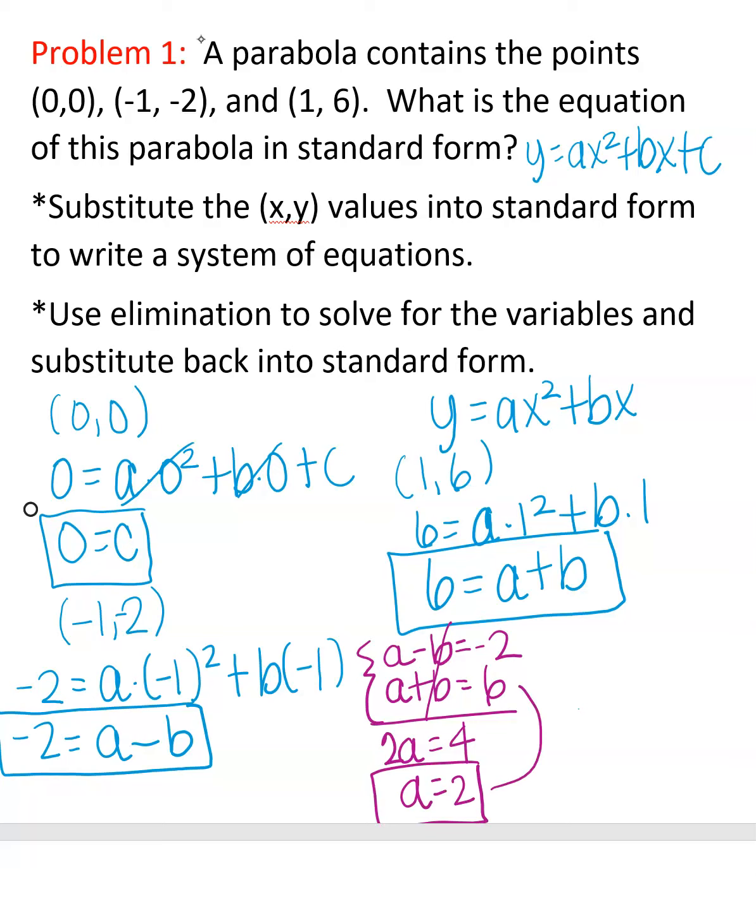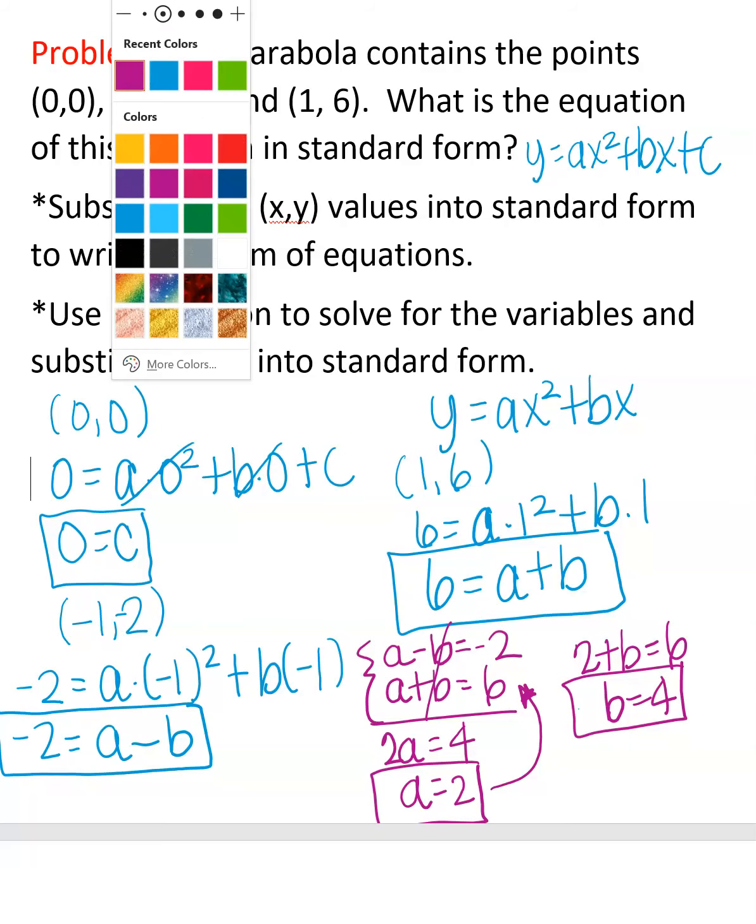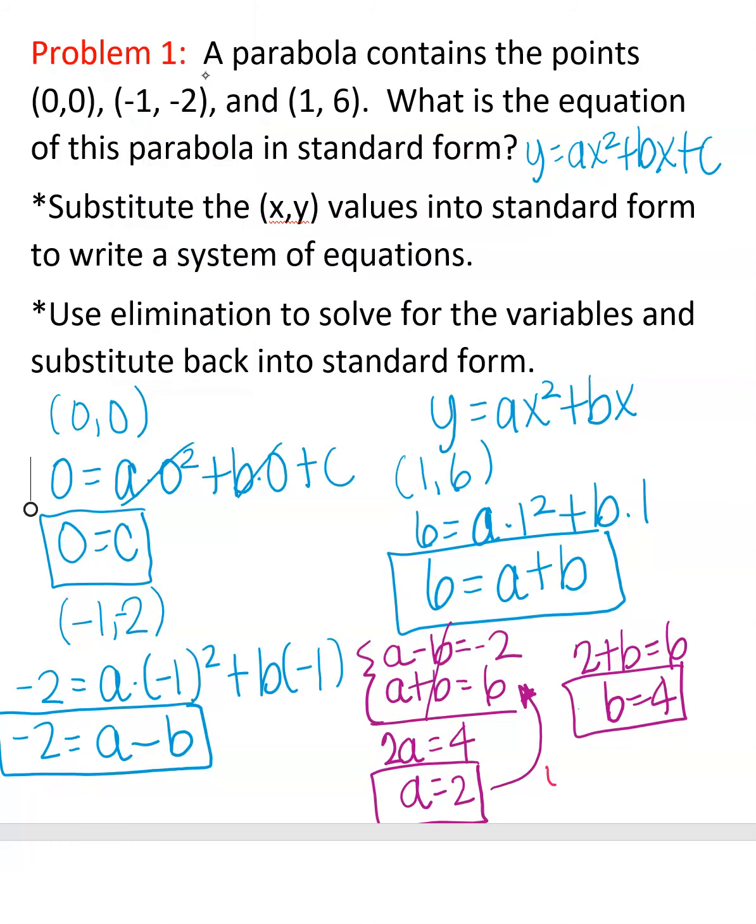Then we plug it back in to find out what b is. 2 plus b equals 6, b equals 4. Then we plug it back into the very beginning and get our equation: y equals 2x squared plus 4x plus 0. You can either leave the 0 in or take the 0 out.